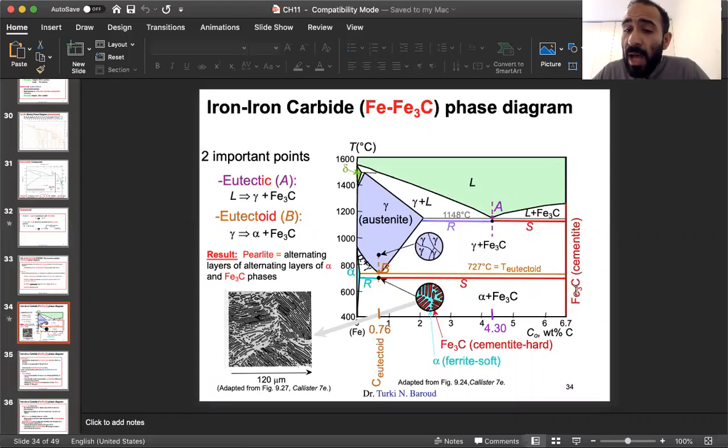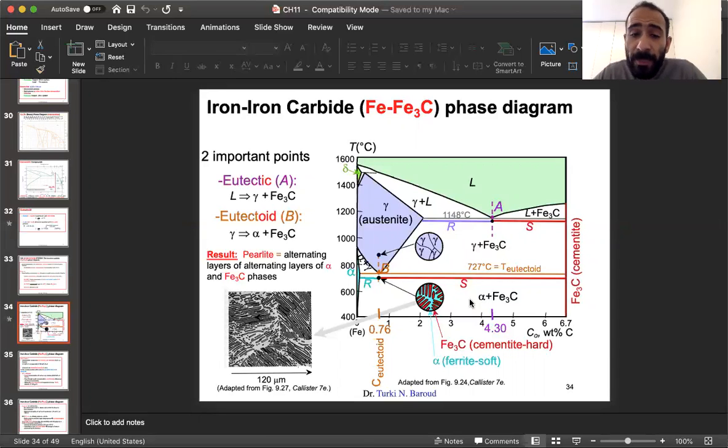So that means this represents 100% iron carbide. Yes, it is 6.7 weight percent carbon, but it represents 100% iron carbide.